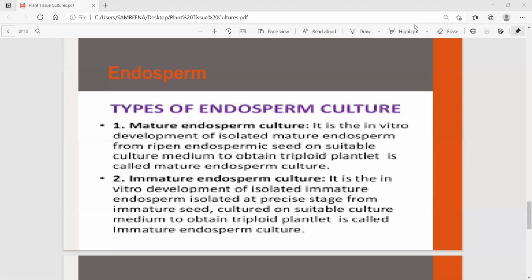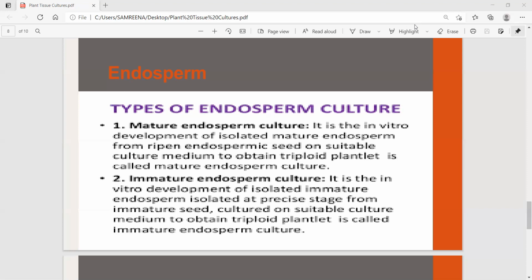The seed should be ripened. Then this endosperm is placed on a suitable culture medium. From this endosperm, we are able to obtain triploid plants. And such type of culture is called mature endosperm culture.